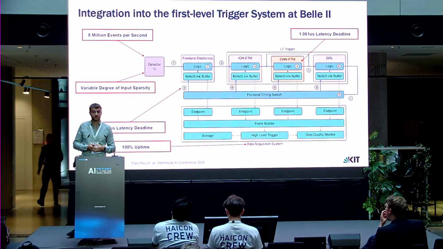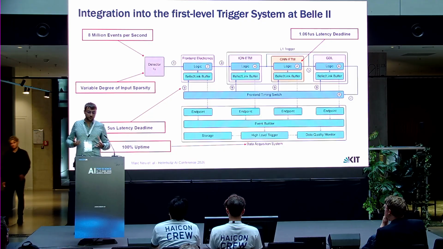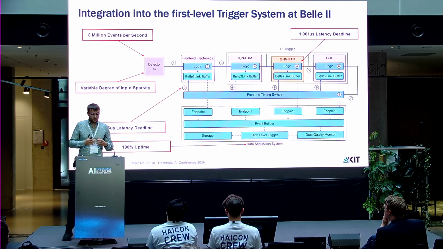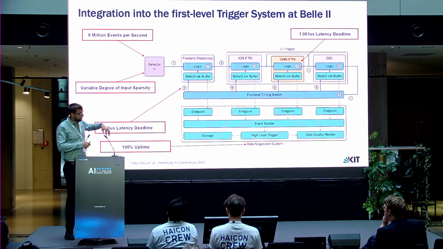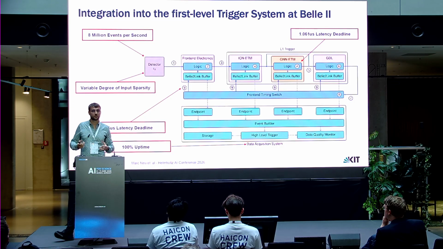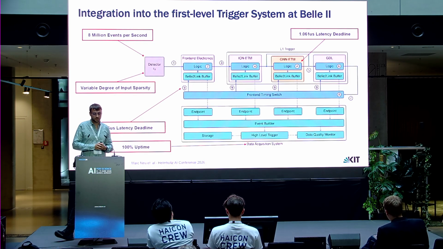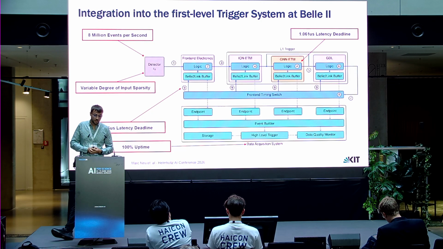Now, why is this difficult? To give you a quick overview of how such a real-time trigger system works, you see this here in the flow. It's a lot of different systems that are chained to each other to facilitate the readout of this complete detector. One of the challenges is that we have these 8 million frames per second that we need to process at all times. We have a variable degree of input sparsity in our data that we need to consider.